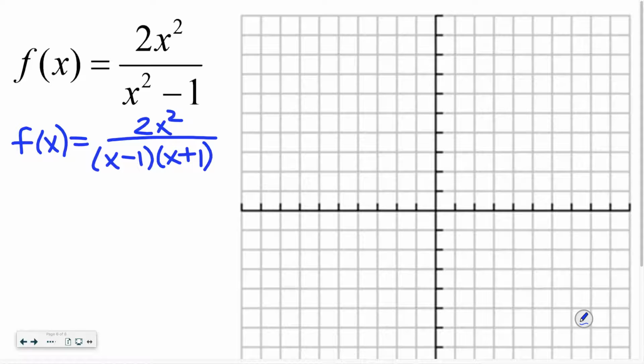No. But we can factor the denominator, which will help us, because the denominator tells us where what is. Well, where's our denominator equal to 0? Oh, 2 places. We have 2 vertical asymptotes.